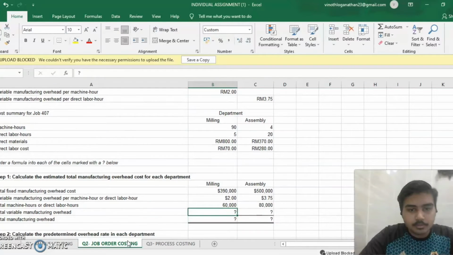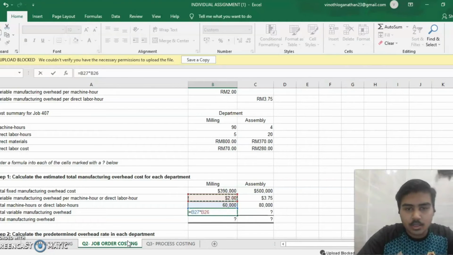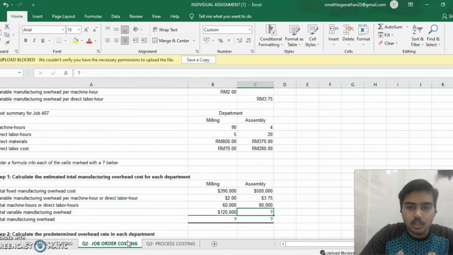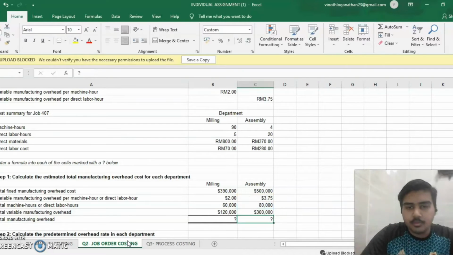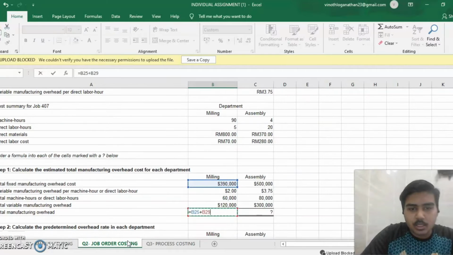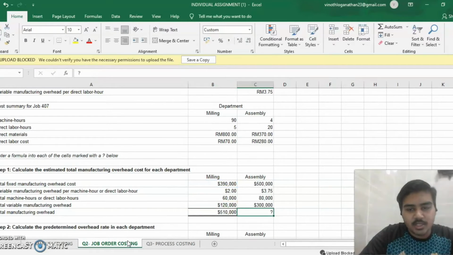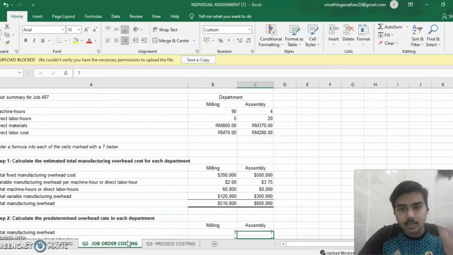So then this should be the number of hours multiplied with the variable cost, and then this should be this times 375. So the total manufacturing overhead should be this plus this. We get 510, so this should be the same, which means 500,000 plus 300,000, which is 800,000.